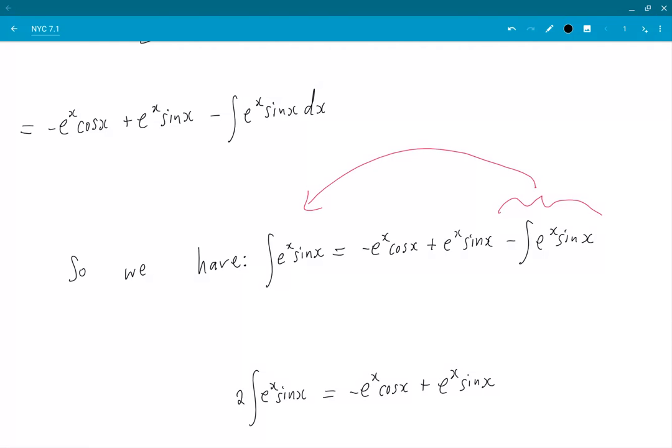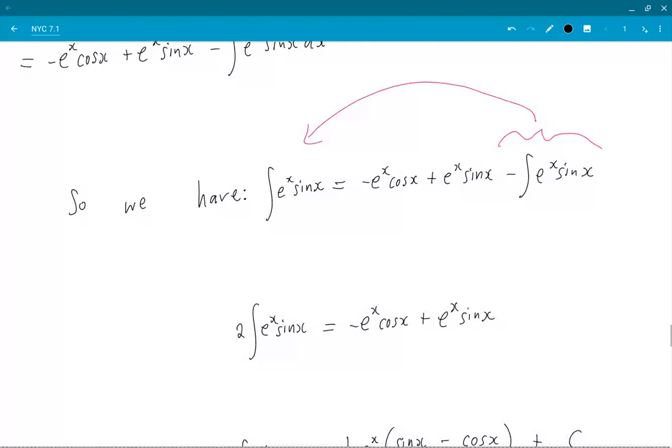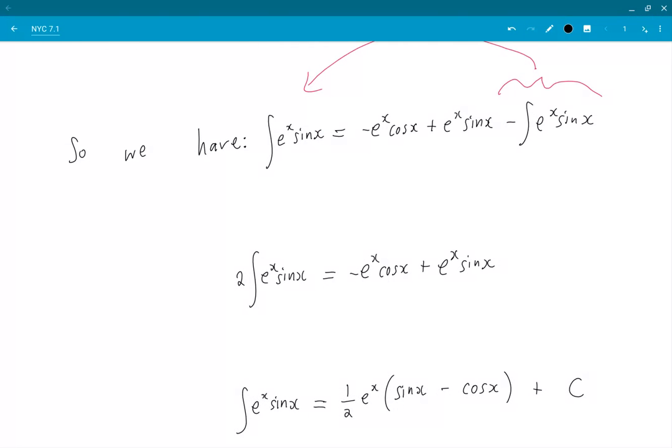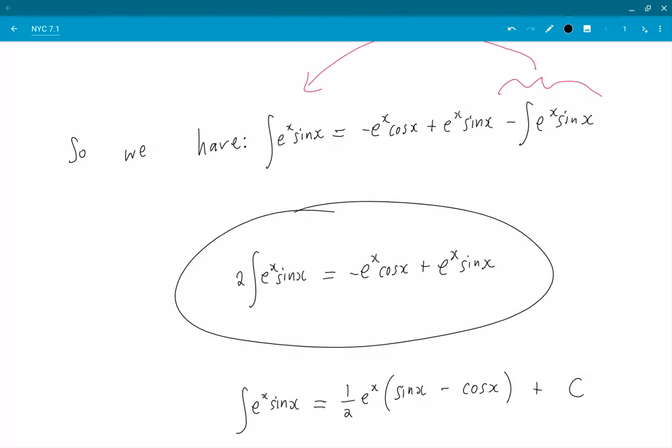And what are you trying to find? The original integral. So let's divide both sides by 2, and we're done. I did a few more things over here. I factored out e to the x, and I put the sine x first because it was plus. I like my pluses before my minuses, but the main step was just dividing both sides of this equation by 2.